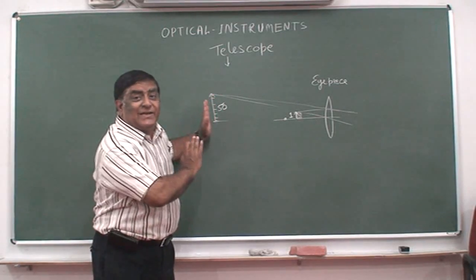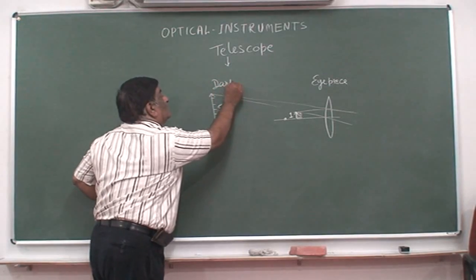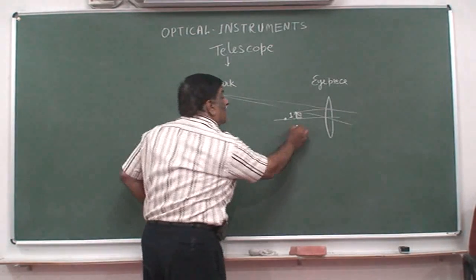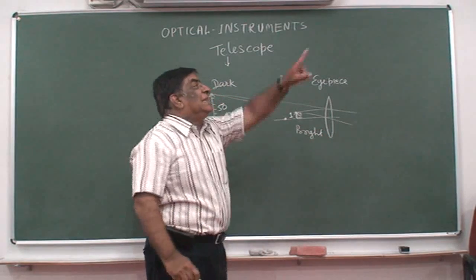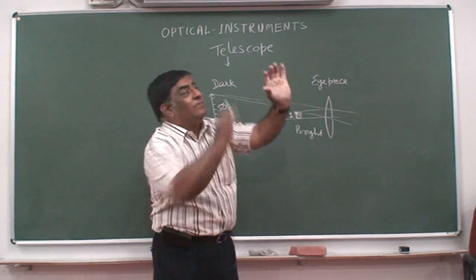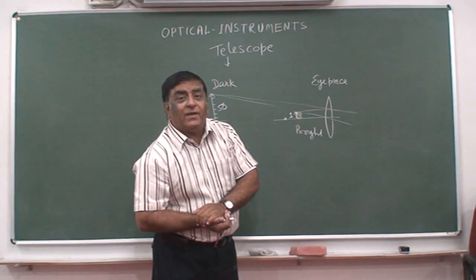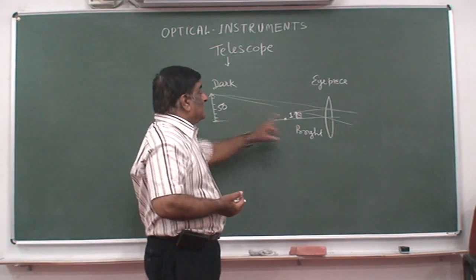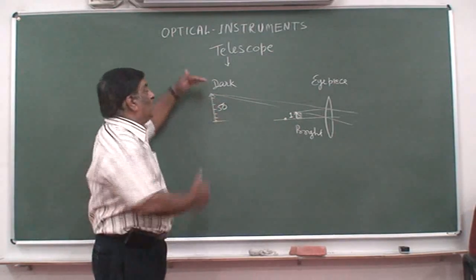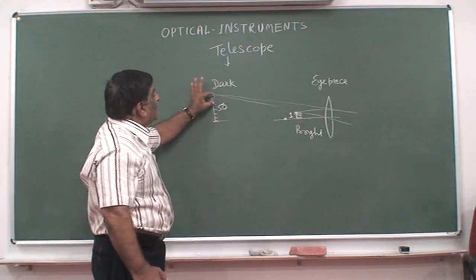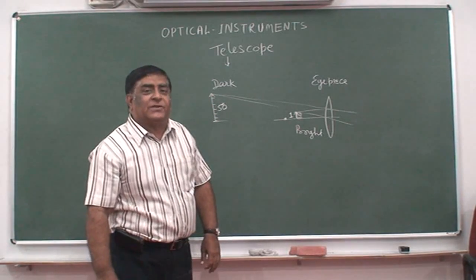The density has decreased, so this will appear dark, while this is bright. We see a star, it is bright. When we see it through a telescope, it is dark. Why? Because the number of rays is the same, but the size has increased, so their density has decreased. Now what is the solution for this?